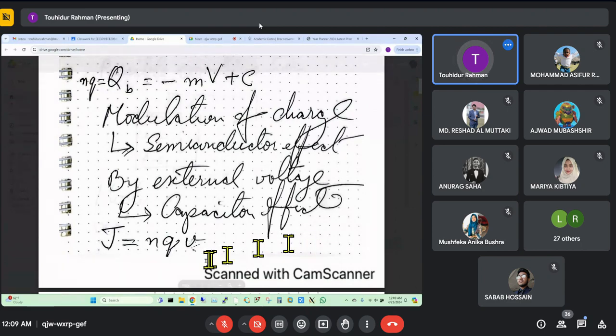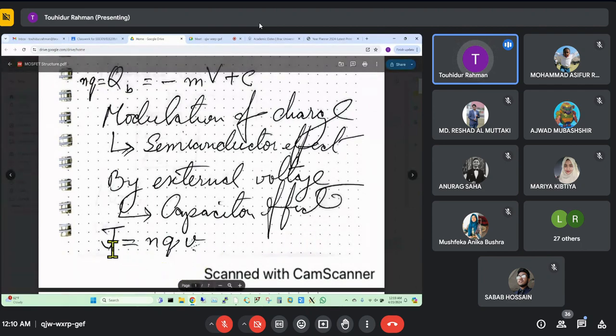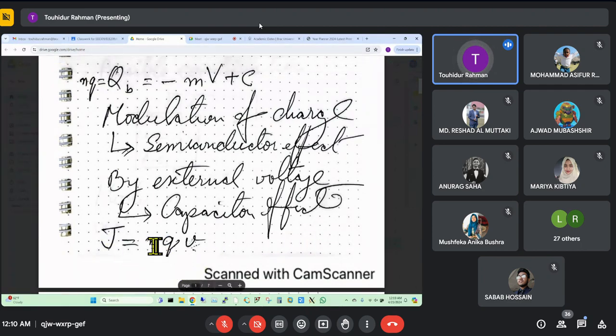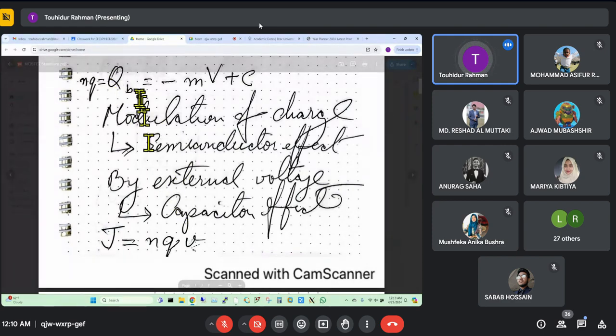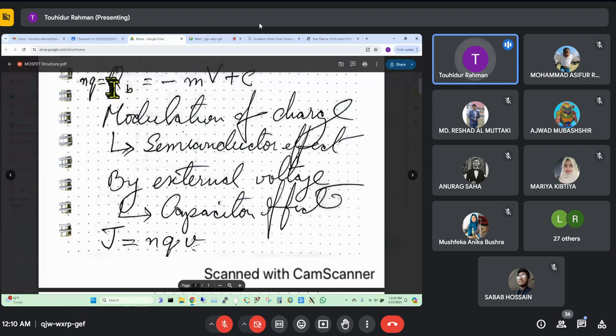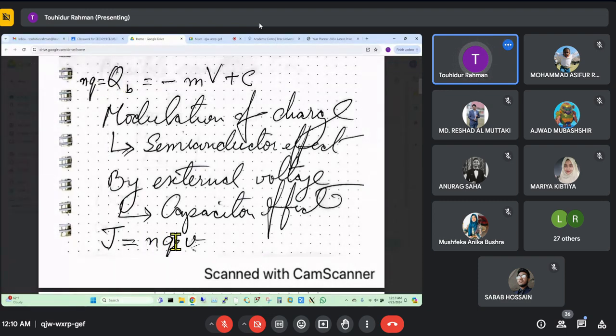Now, if we can do that, we can write the equation J is equal to NQV. This is a very familiar equation for us. Now NQ is the QB, and we already proved that we can change the number of carriers by applying external voltage. So if we can change the value of NQ, that means we can change the value of J, the current density, also.